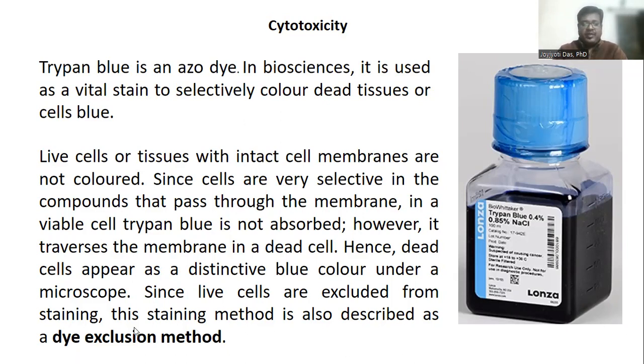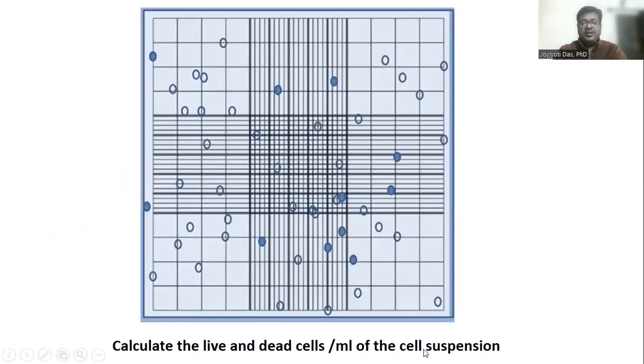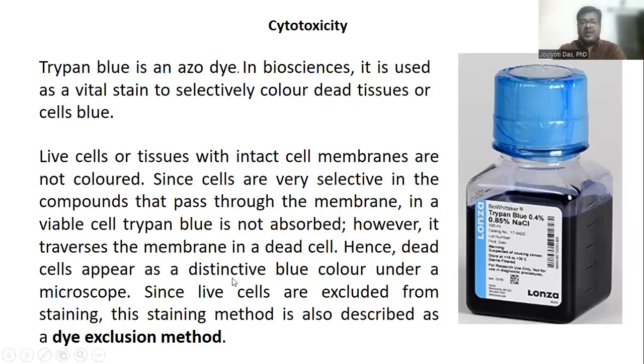So you use a trypan blue dye, which is a vital dye, and works on the principle of dye exclusion. So if your cells are live, their membranes will be intact, and this particular dye, trypan blue, will not be able to enter into the live cells.